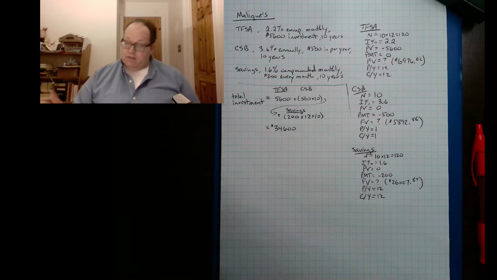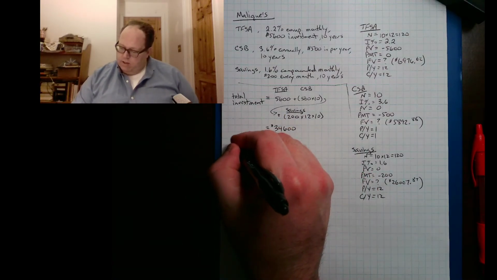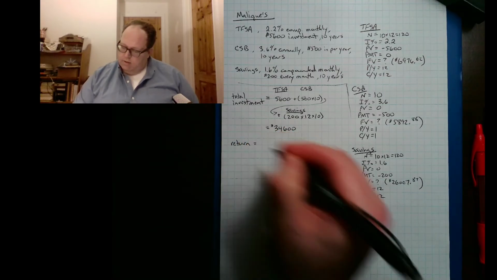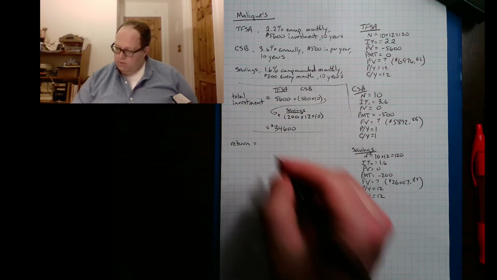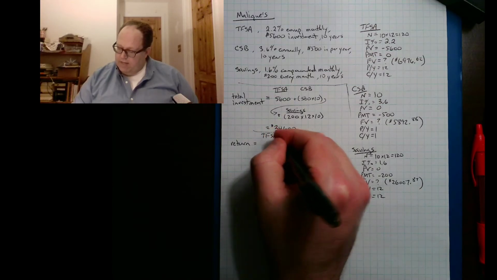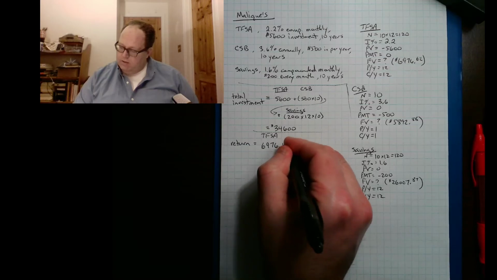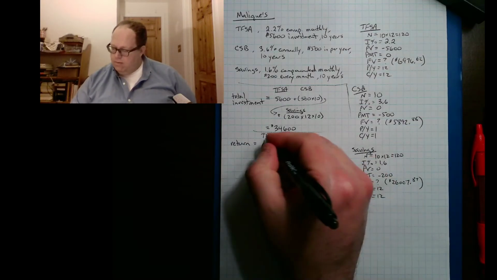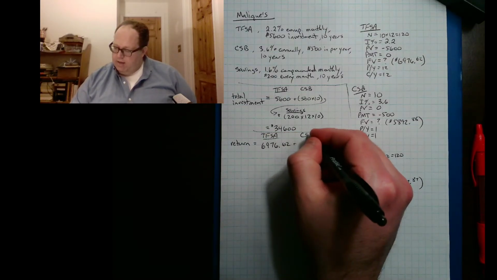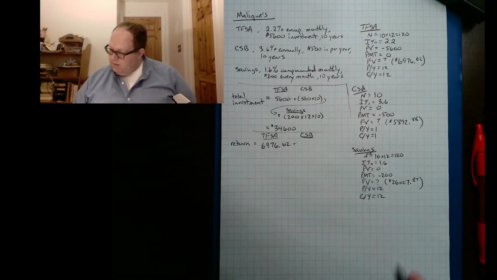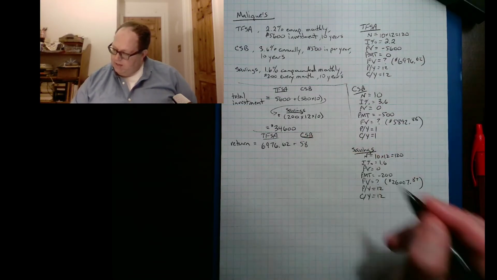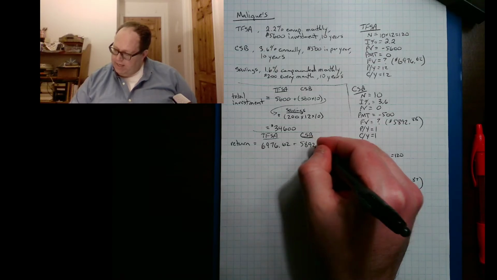Also exactly what Jason invested, the other person in the problem. The return is going to be the sum of those same three totals at the end. From the tax-free savings account, $6,976.62. From the Canada Savings Bond, $5,892.88.